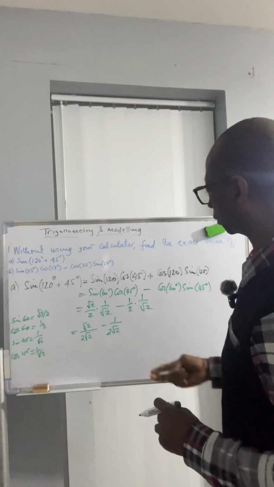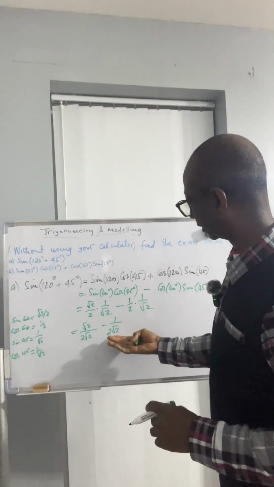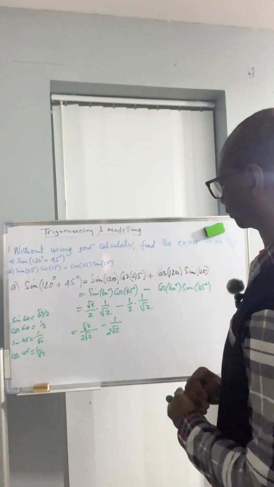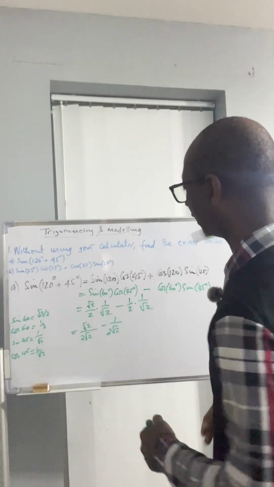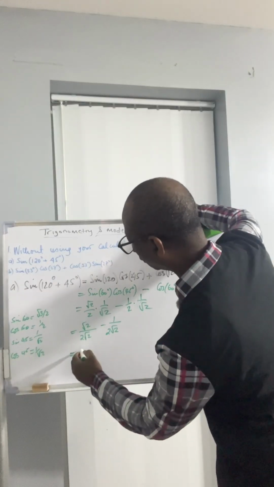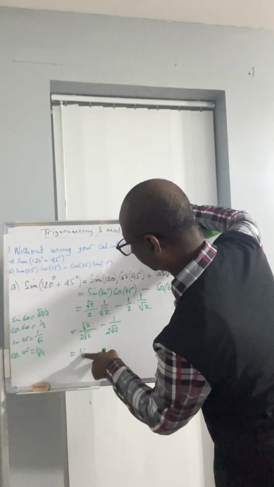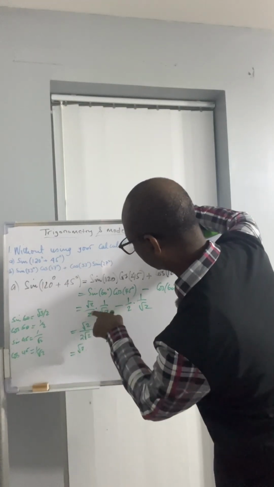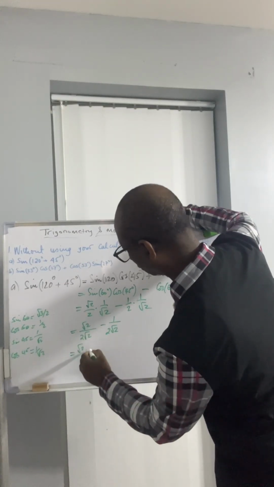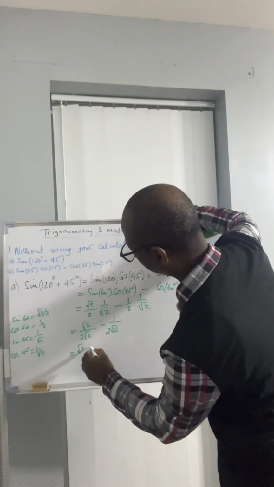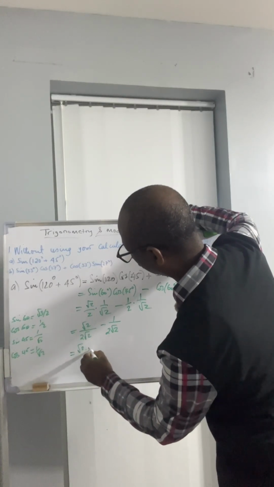Correct. So now, let us rationalize this surd, just what I mentioned. We rationalize this one here. This is going to give us now, here we get root 2 times, rationalize this surd, root 2.